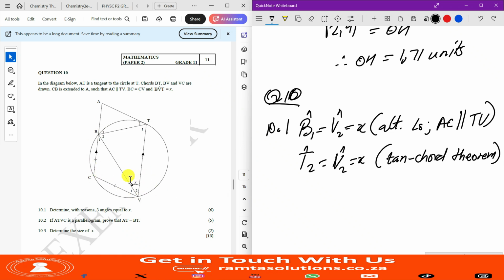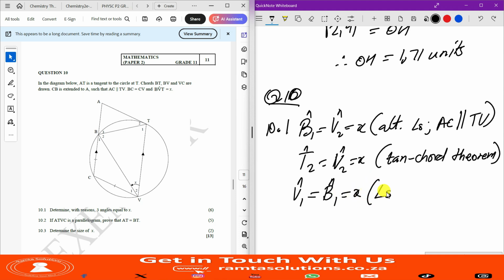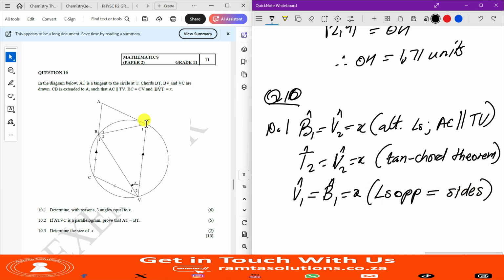So this means triangle BCV is an isosceles triangle. Therefore, angle V1 is equal to angle B1, which is equal to X. These are angles opposite equal sides.